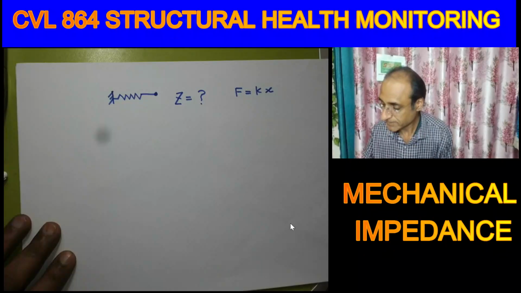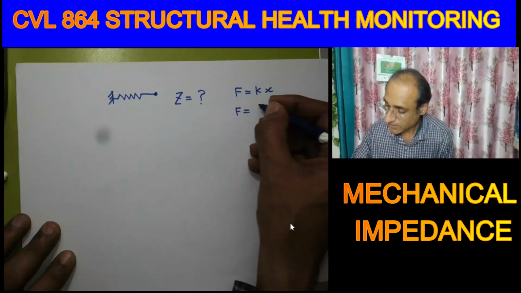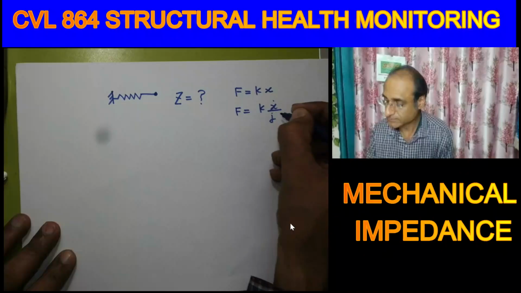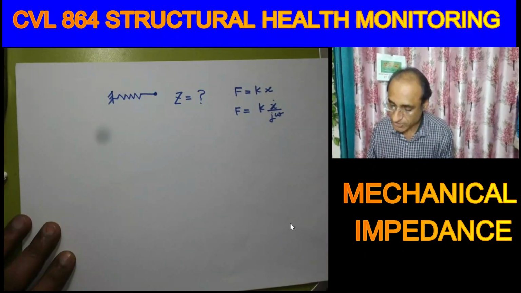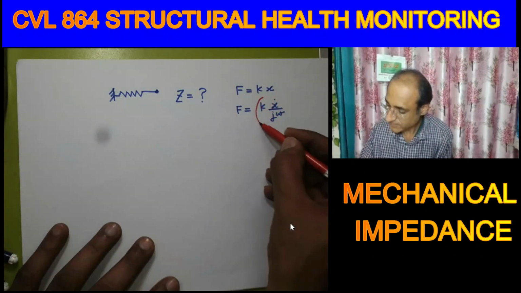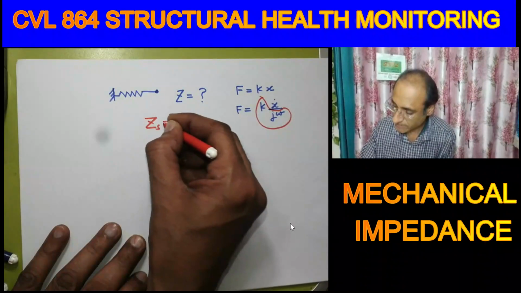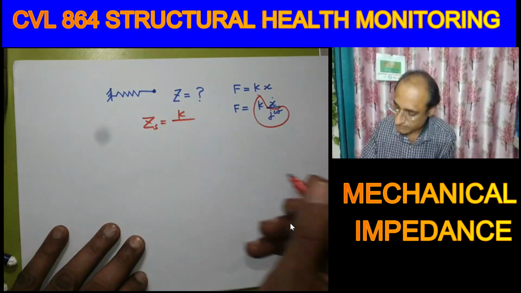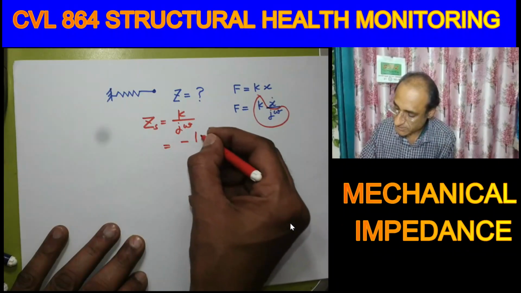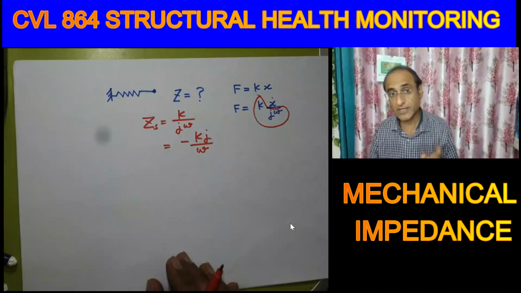Right? And we can write this as F equal to K and we have the velocity by j omega. So by definition of the mechanical impedance, this is our Z. So that means Z for a spring is equal to K by j omega, or we take j up, minus K j by omega. Alright, that is the mechanical impedance of spring.